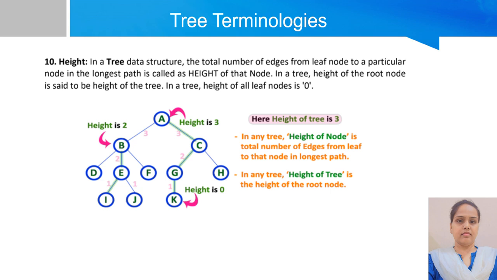Here, for B, the height is 2. For A, the height is 3. For K, height is 0. For E, G, the height is 1.